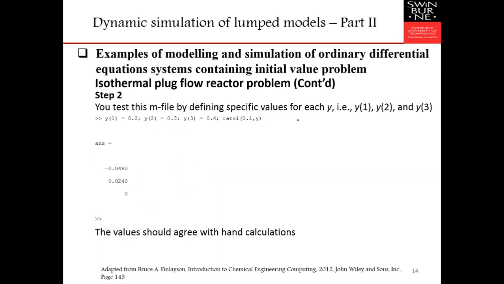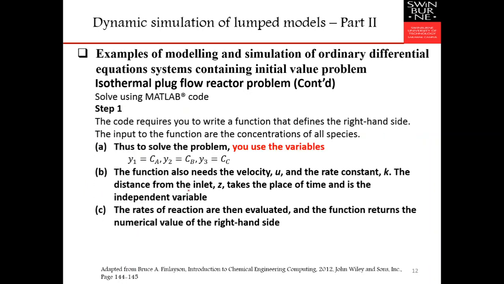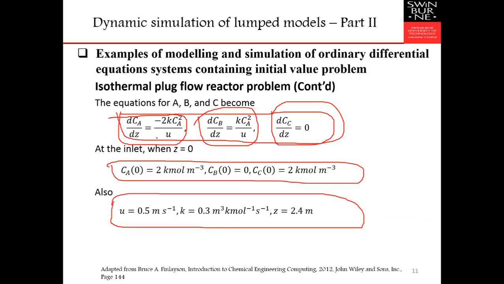And then you can test this M file by specifying a value for each y, that is, by specifying the values for CA, CB, and CC. So let's say you specify CA as 0.2, CB as 0.3, and CC as 0.4. Then you want to check the values of your differential equations.